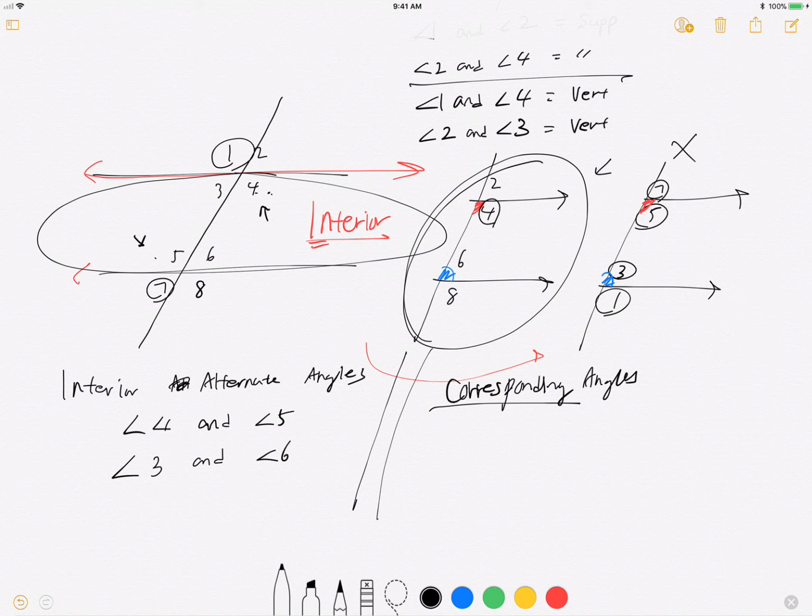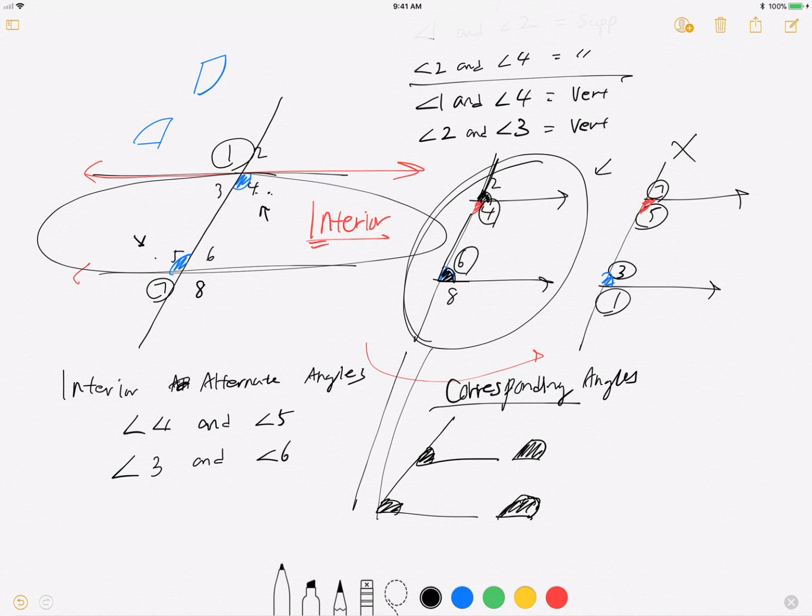The 2, this angle right here, 2, and the 6 would be what we call corresponding angles. Do you see how their angles look exactly the same like this? Like it's this shape. If I were to give it like a cone shape like this, they're the same shape, right? For interior alternate, it switched positions so they look different. One of them looked like this, the other looked like that.